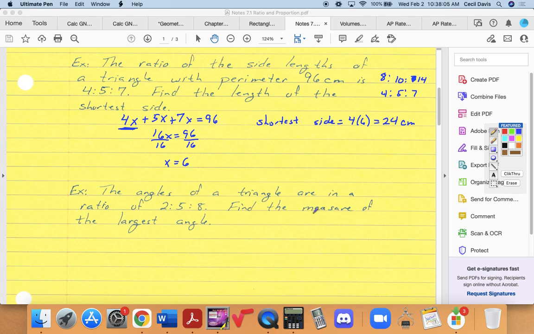All right, let's look at this next one. Here we've got the angles of a triangle are in a ratio of 2 to 5 to 8. Again, it has to be 3 numbers because there's 3 angles in a triangle. Find the measure of the largest angle. Well, we can do the same sort of idea we did on the last one. 2x, 5x, and 8x are going to be your 3 angles. What do we know the angles in a triangle add up to? 180.